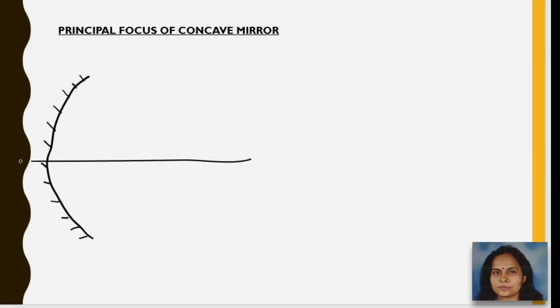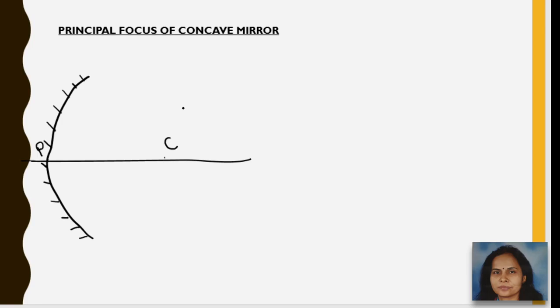Now this principal axis is an imaginary line which can be drawn backward as well, so I am drawing it in the backward direction as well. The center of the reflecting surface is known as the pole, and this point, let it be C. This point is the center of curvature, right?